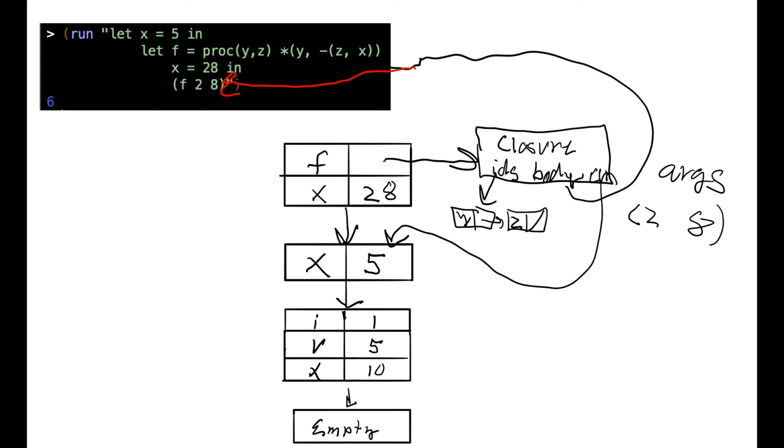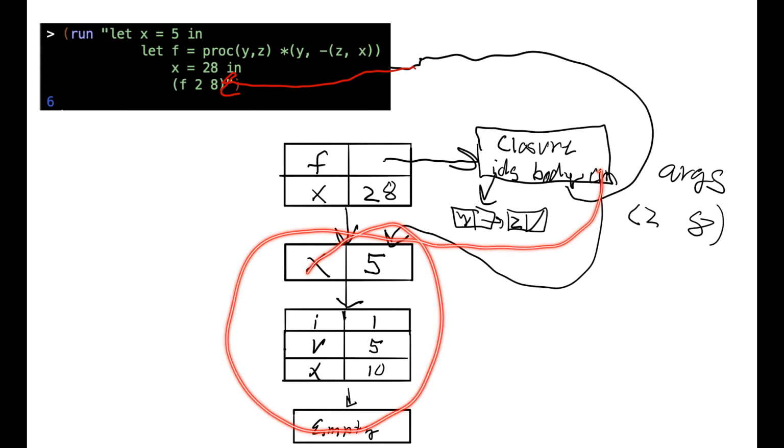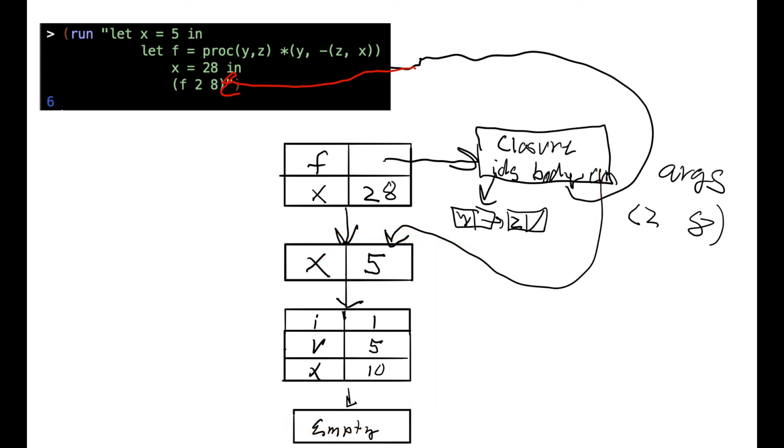And then it's going to extend the environment that the closure captured. So what's the environment that the closure captured? It's this environment right here. So it's going to extend that with the parameters of the closure, which are y and z.